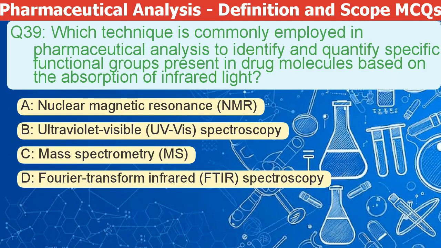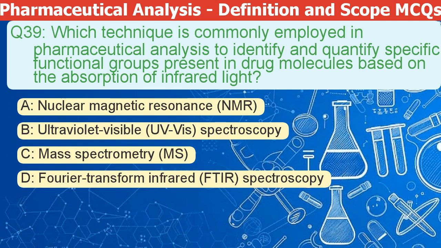Which technique is commonly employed in pharmaceutical analysis to identify and quantify specific functional groups present in drug molecules based on the absorption of infrared light? A. Nuclear magnetic resonance, NMR. B. Ultraviolet visible, UV spectroscopy.